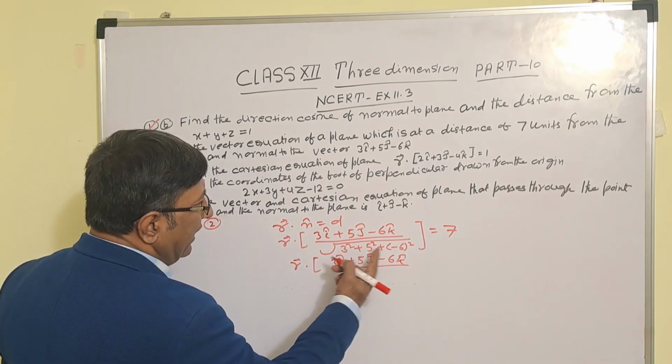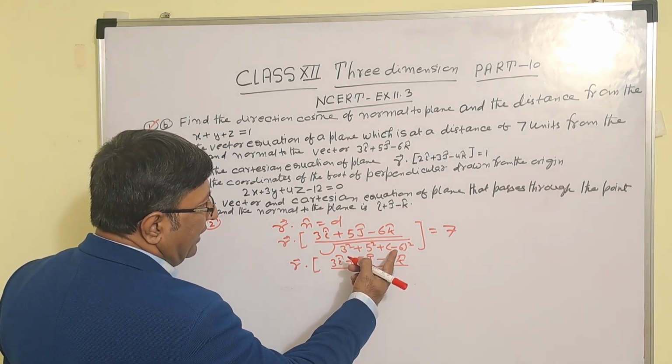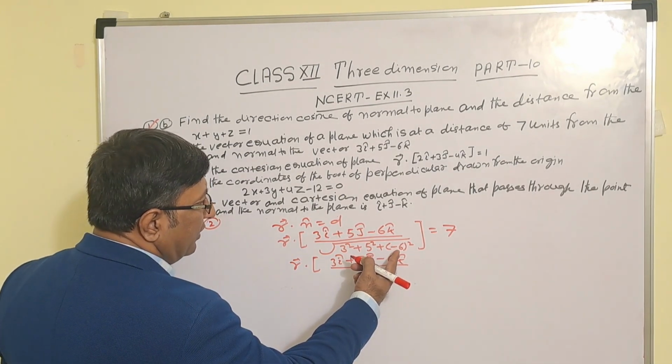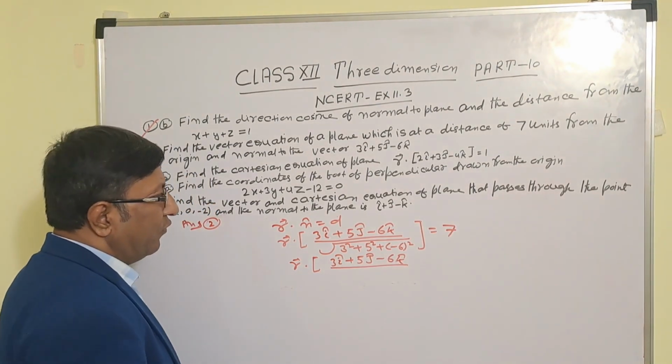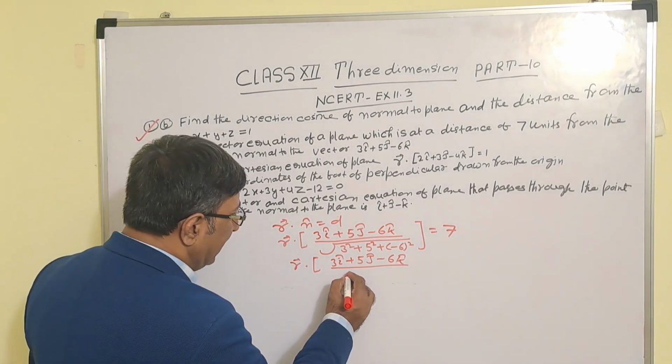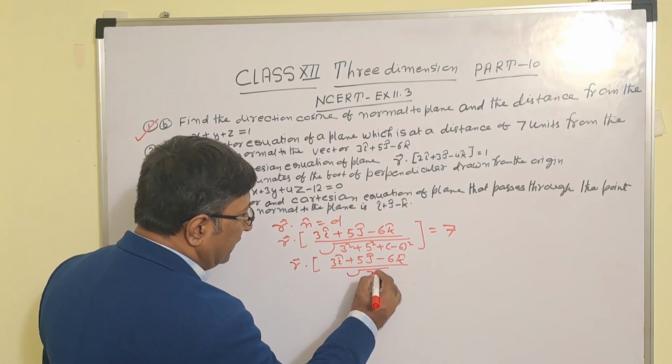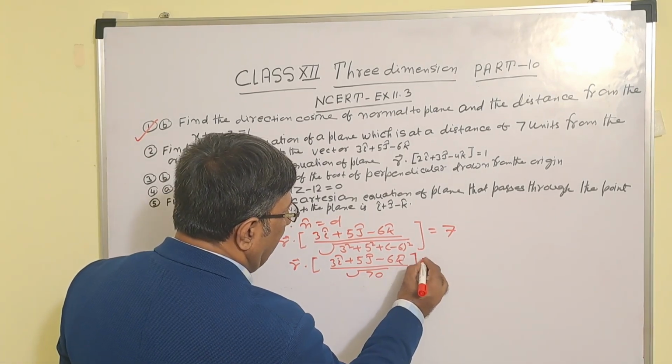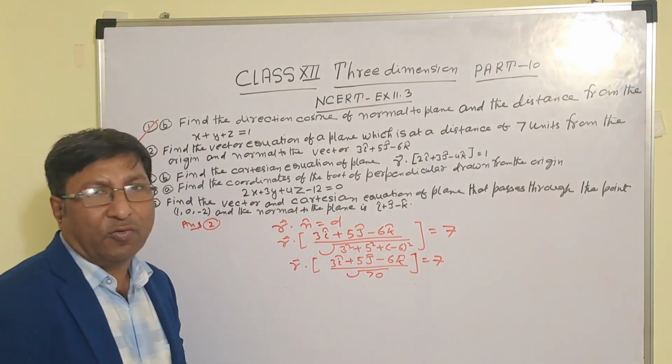So this is 9 and this is 36. So 9 and 36 is how much? 45, here 5 square 25. So this is 70. So this is a square root of 70. And this equals what? 7. So this is the required equation.